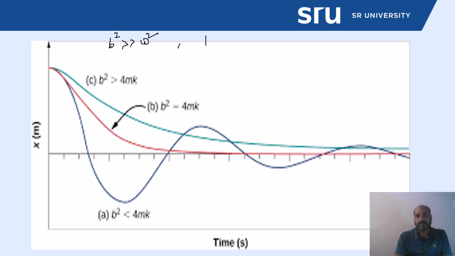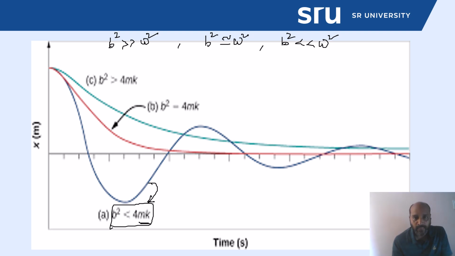The second one, b square almost equal to omega square, the critical damped condition. And b square much less than omega square is the under damped condition. Here, instead of omega square, it is written 4mk.